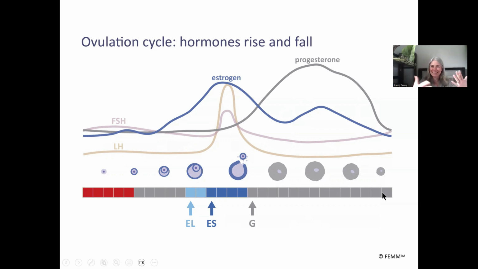And see, it's nice how these colors kind of align, right? And then you're tracking blue. Light blue for your EL, so your low estrogen days are light blue. And then dark blue for your ES. So these are high estrogen days. These are days of stretchy, slippery, egg white cervical fluid.